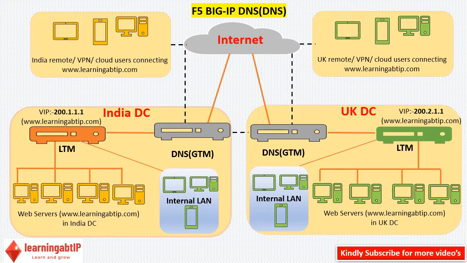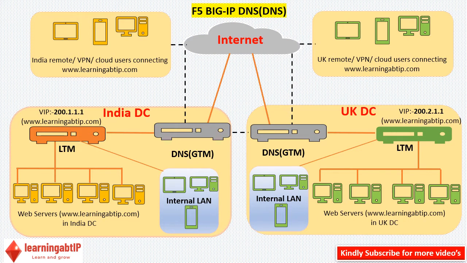But if you are anticipating a good amount of traffic, then it would be good to have someone intelligent who distributes the traffic smartly, securely, and efficiently between the pool of servers and sometimes between the data centers. Yes, we require Big-IP DNS, previously called GTM, to provide a smart DNS.